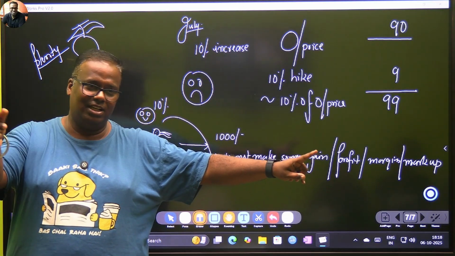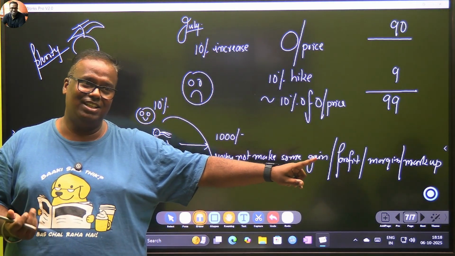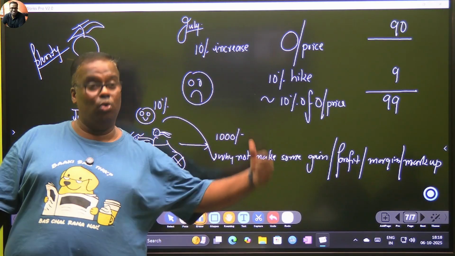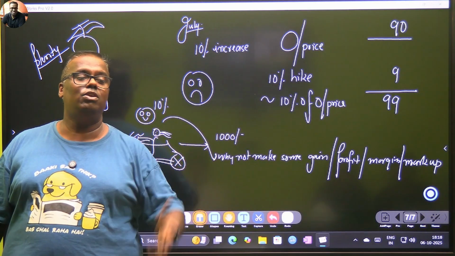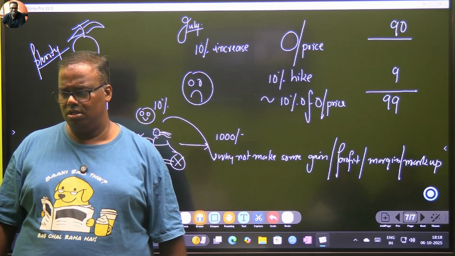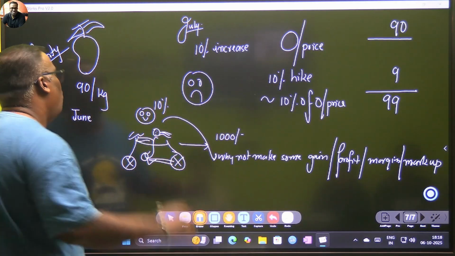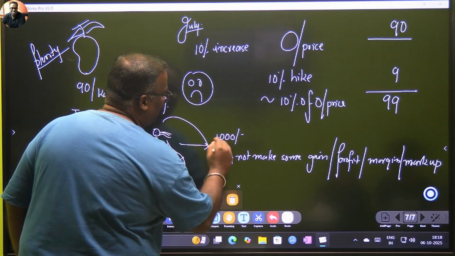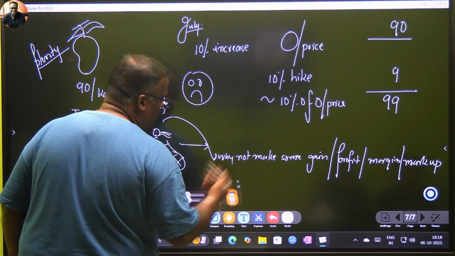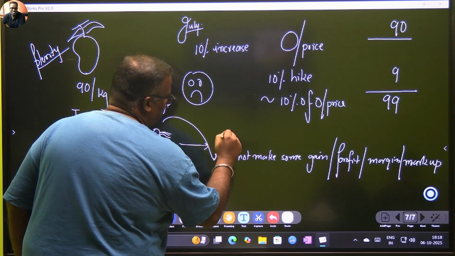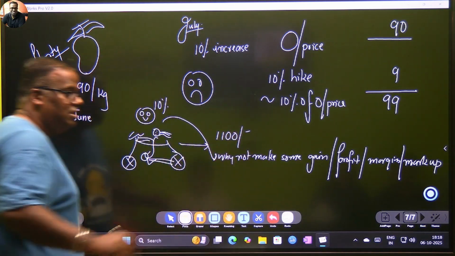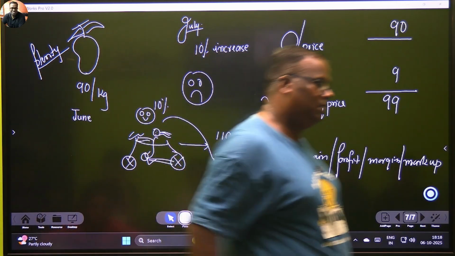But looking at that hero, she will fleece another 10%. 10% of what? The original value. Original value is 1,000. 1,000's 10% is how much? 100. So she will say, only for you, I just like you. He was already ready to offer me 1,200, but just for you, I'm keeping the price at 1,100. And he says, yes, for you, nothing, take the money.